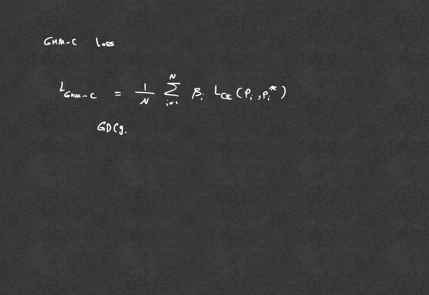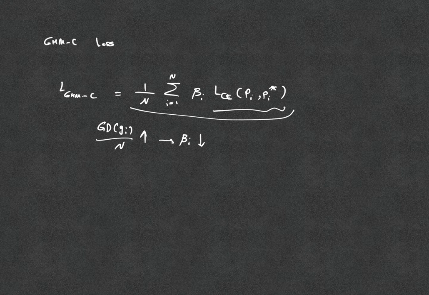The number of examples with the gradient norm in the same neighborhood would be very high. So this term would become high. This means that the corresponding beta would go down, and their impact on the overall training would be reduced. If you look at this loss here, you can bring in this 1 divided by n, and you can see that you have the sum from 1 to n of the cross-entropy component for example i, divided by this.